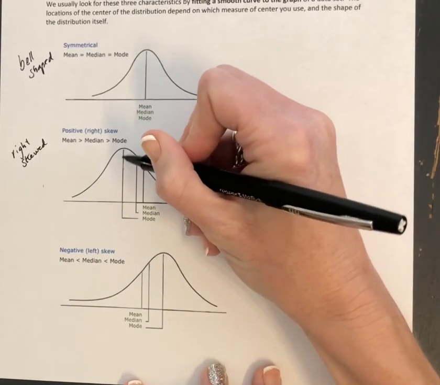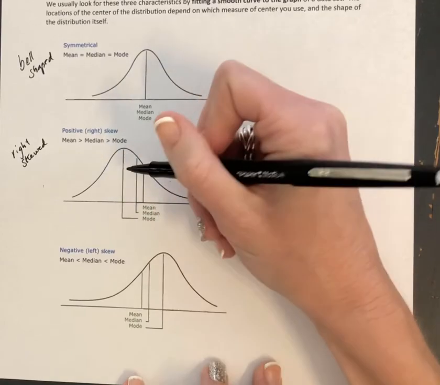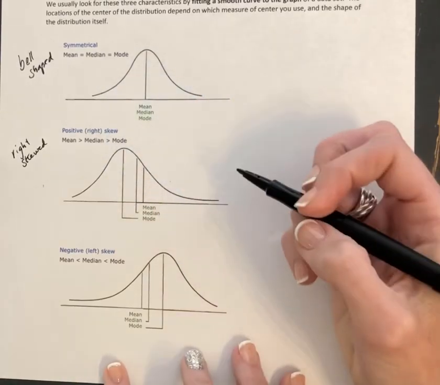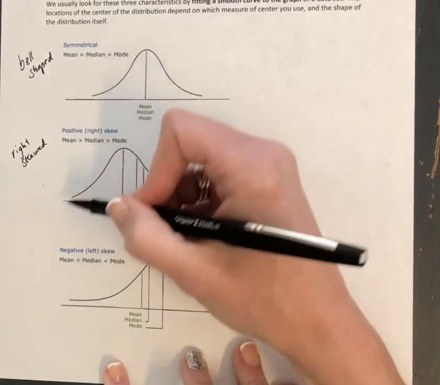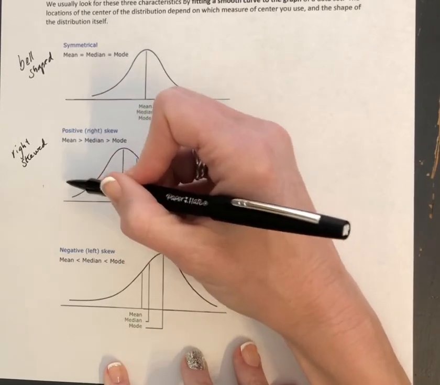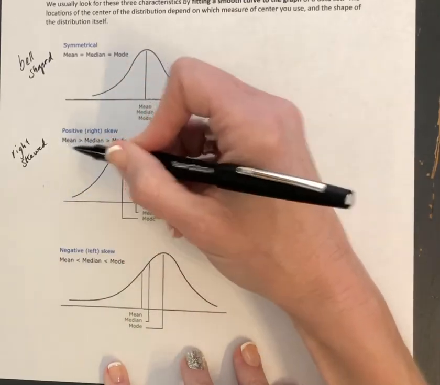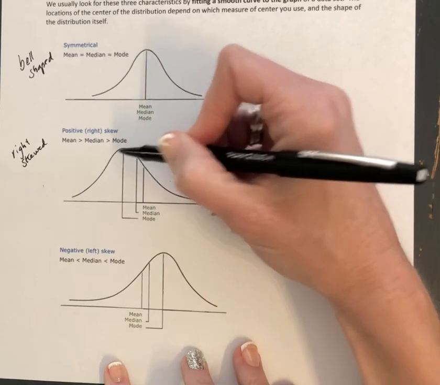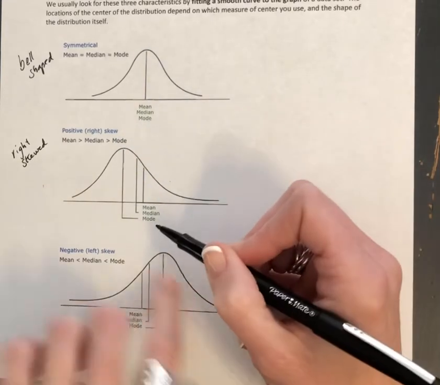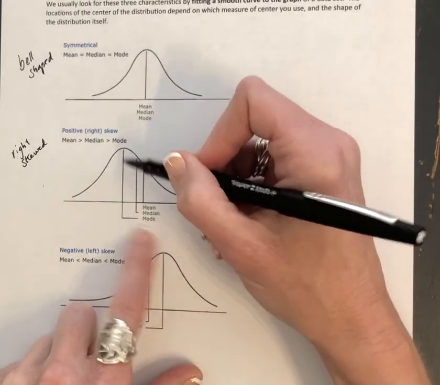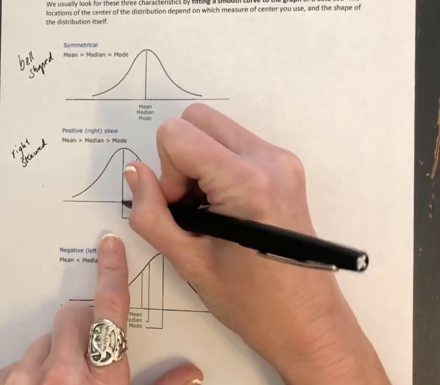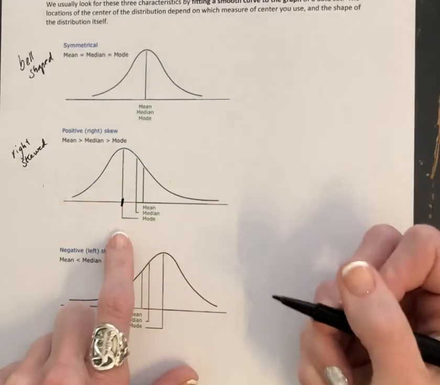Your mode is always going to be underneath the peak. Remember, these smooth distribution curves are fitted from a histogram, and a histogram's vertical axis represents frequency. So the highest bar would have the highest frequency, and by definition, mode is the most frequently occurring value. So the mode would be right here in the center.